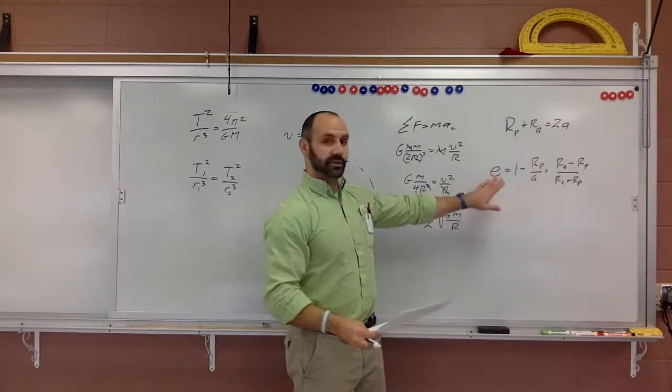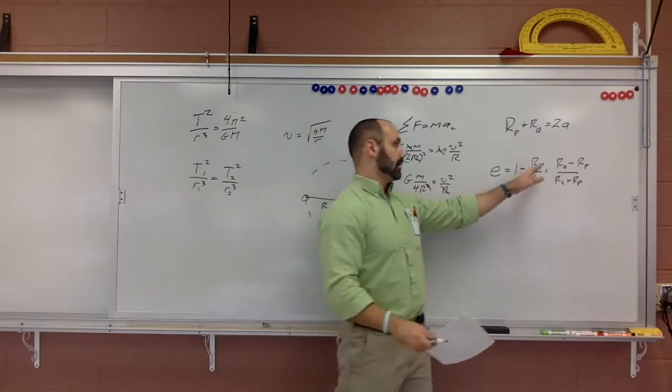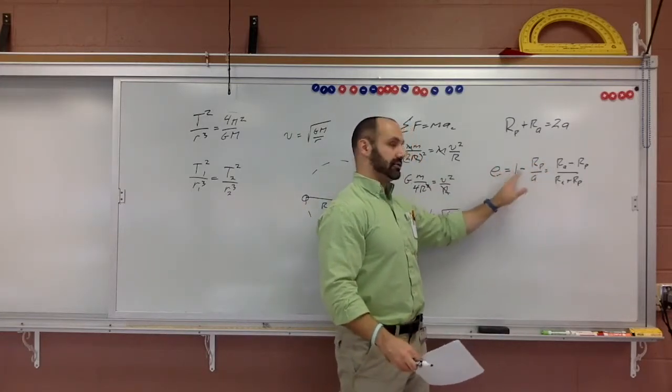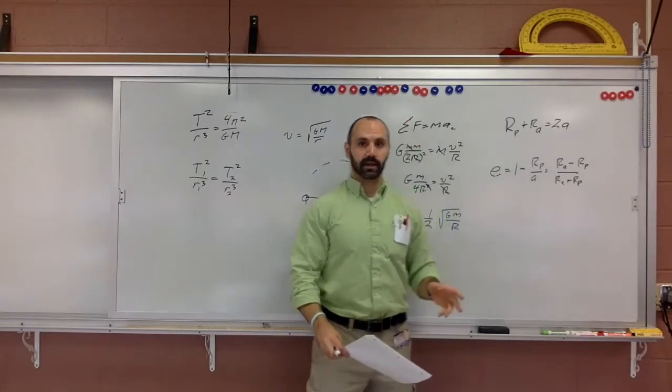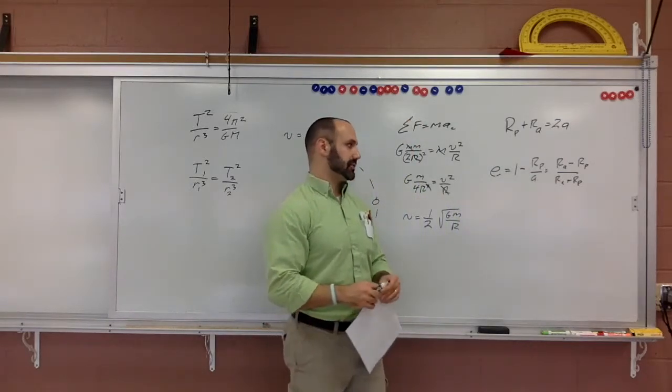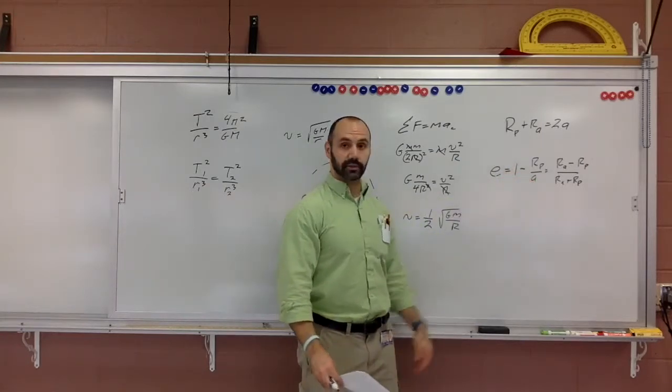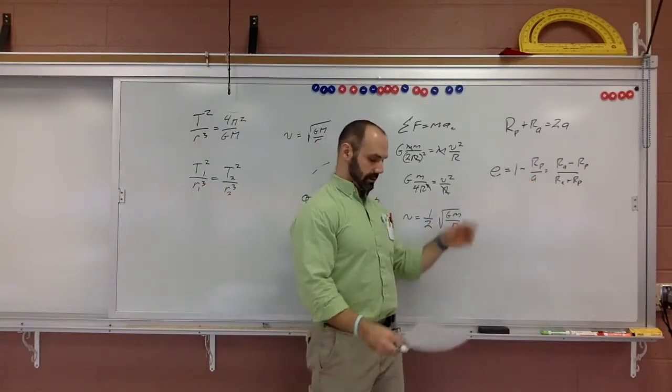And so for a circle, this is 1. Because in a circle, the radius at the perihelion is equal to the semi-major axis. Sorry, so eccentricity is 0. Perfect circle, eccentricity is 0. The highest eccentricity you can have then approaches 1. It can't actually be 1, but it can get close.